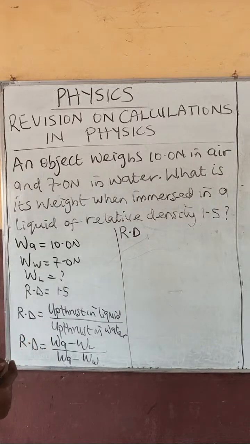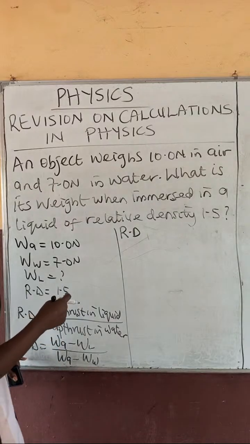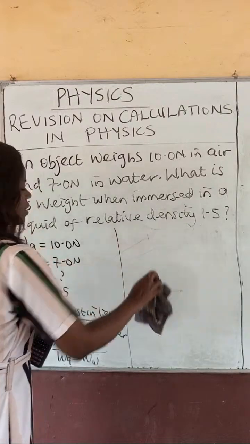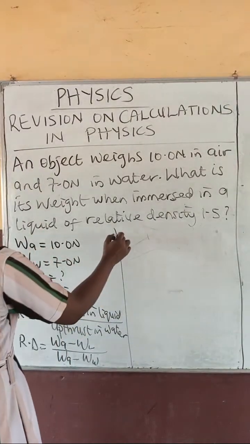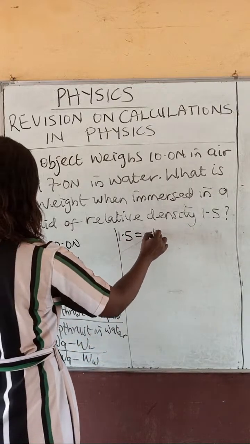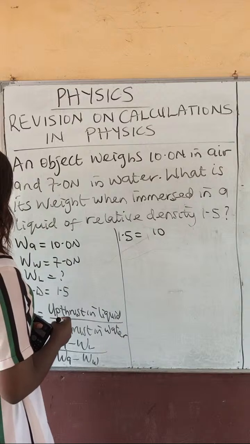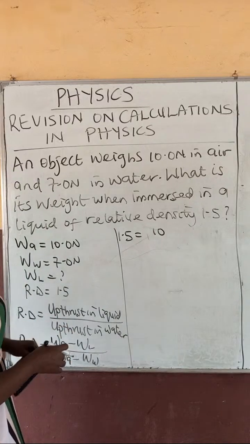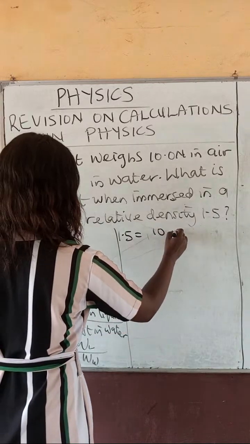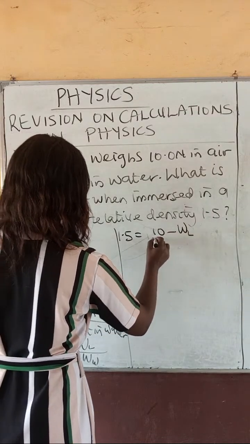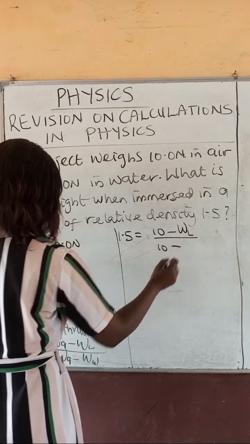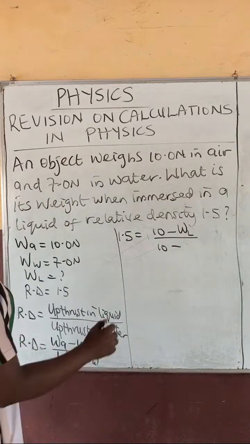So my relative density, which is given as 1.5, is equal to my weight in air, 10, minus my weight in liquid, which is what I'm looking for, divided by my weight in air, 10, minus my weight in water, 7.0.